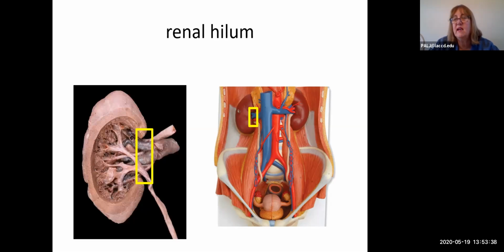And so this area of the kidney, where all blood vessels and any other structures are entering and exiting the kidney, this is called the renal hilum, or the hilum of the kidney. And as I mentioned before, there are multiple organs that have a hilum, so make sure you tell me what organ you are calling the hilum to.